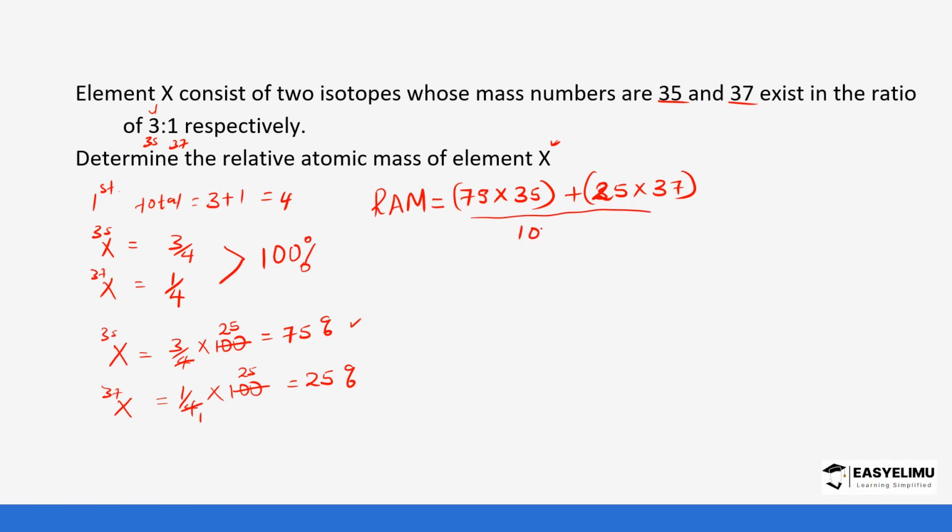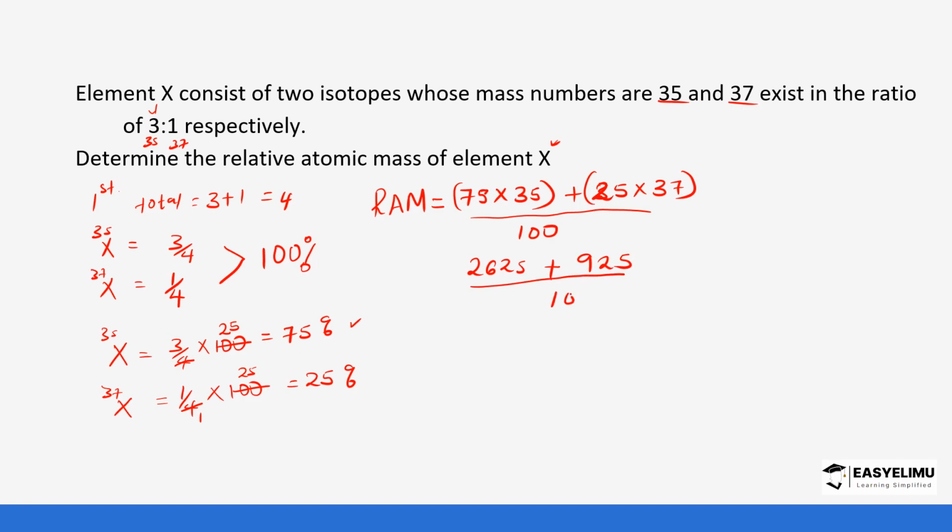So when we calculate 75 times 35, we get 2,625, plus if we multiply 25 times 37, we get 925. Everything is done over 100.